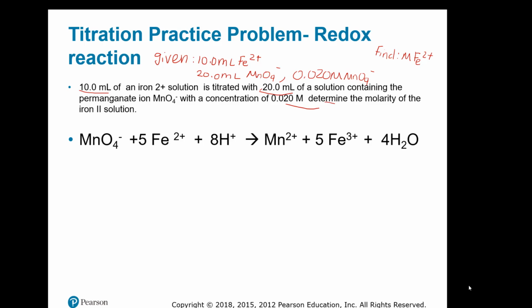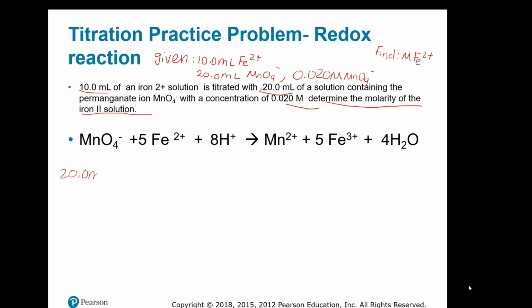First, we convert milliliters of the permanganate ion to liters. Then, using the molarity of the permanganate ion, we convert to moles of permanganate. We then use stoichiometry to convert from moles of permanganate to moles of iron. And lastly, we use the moles of iron and the volume of iron solution used to determine the molarity of the original iron 2+ solution.